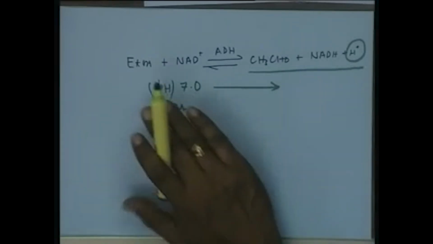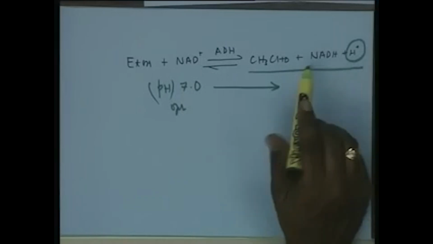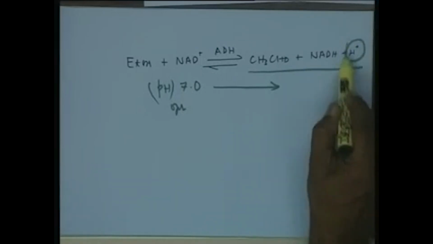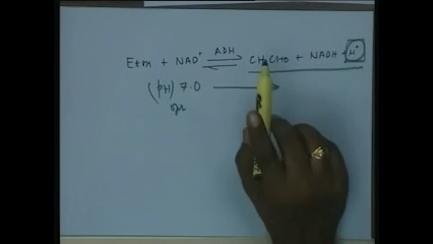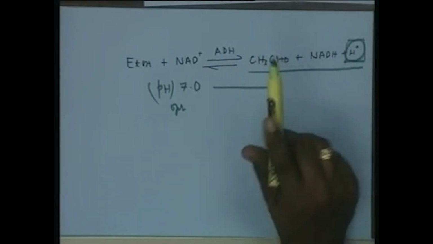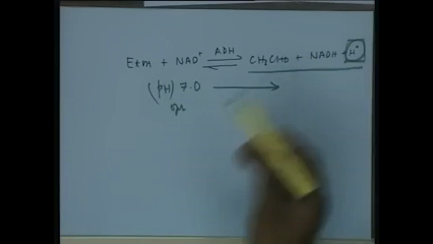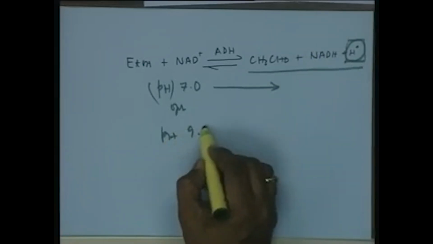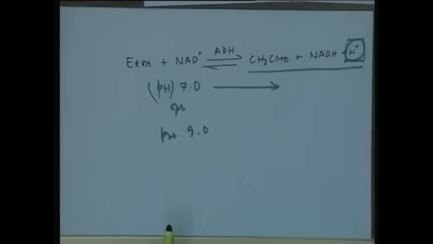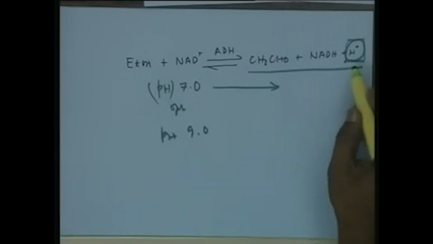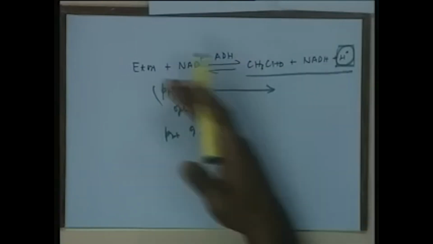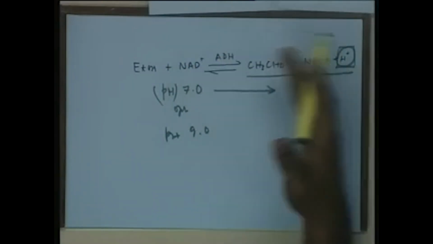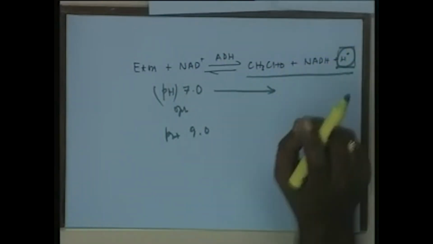To be able to drive the reaction in the forward direction, you need to adjust the pH so that the concentration of hydrogen ions is reduced, but the reaction might then proceed at a very slow pace. For example, consider pH 9, just as an arbitrary value. At pH 9, the concentration of hydrogen ions will be 100-fold less, 1/100th of that at pH 7, and therefore you can drive the reaction as far as the equilibrium constant is concerned, but at a very slow rate.